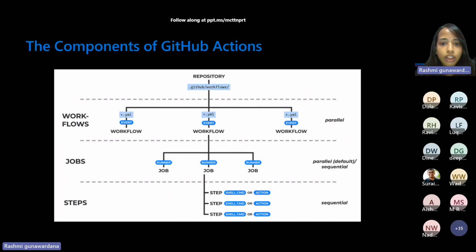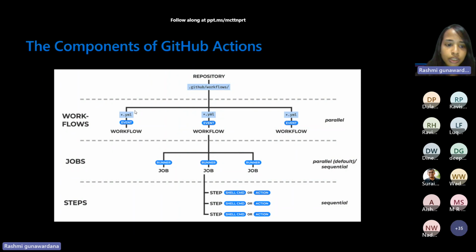Of course, everything starts from our repository. In the repository, there needs to be a .github/workflows directory. All the GitHub Actions work we are doing comes from this directory. It is really important for you to define this directory correctly, otherwise your workflows will not work.